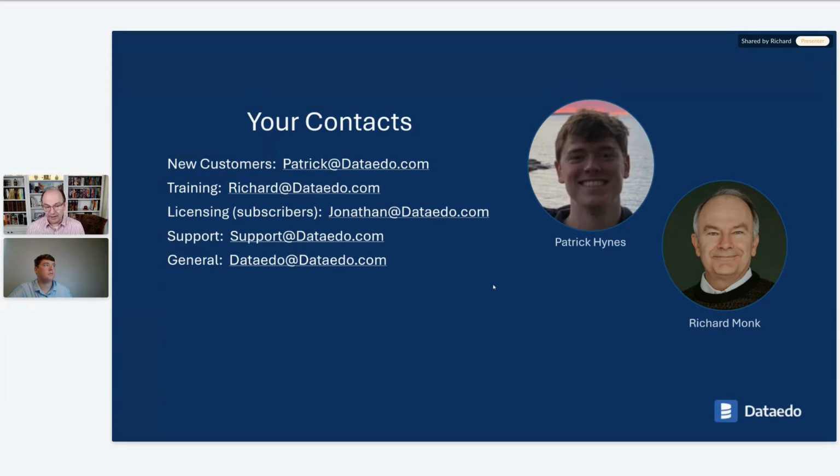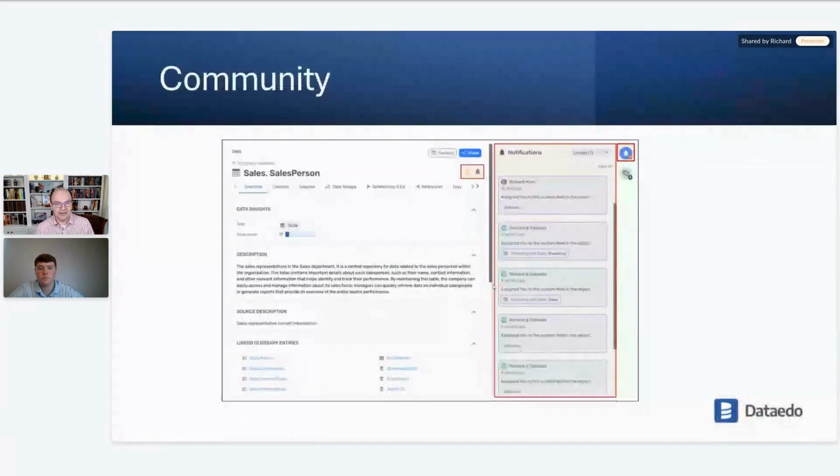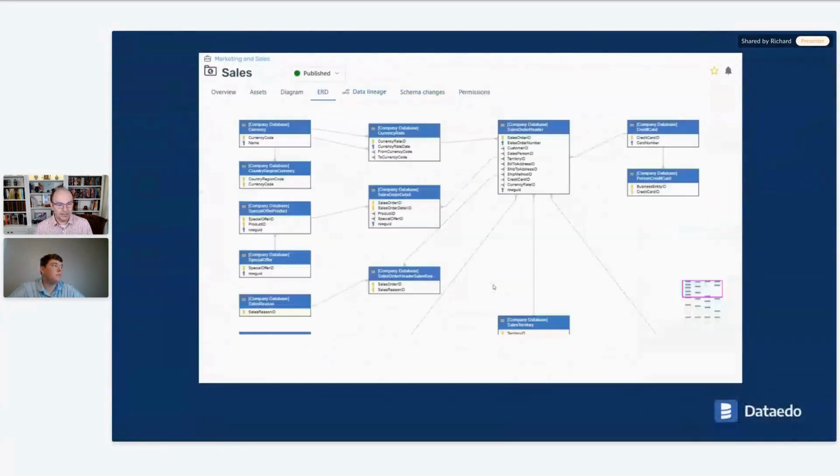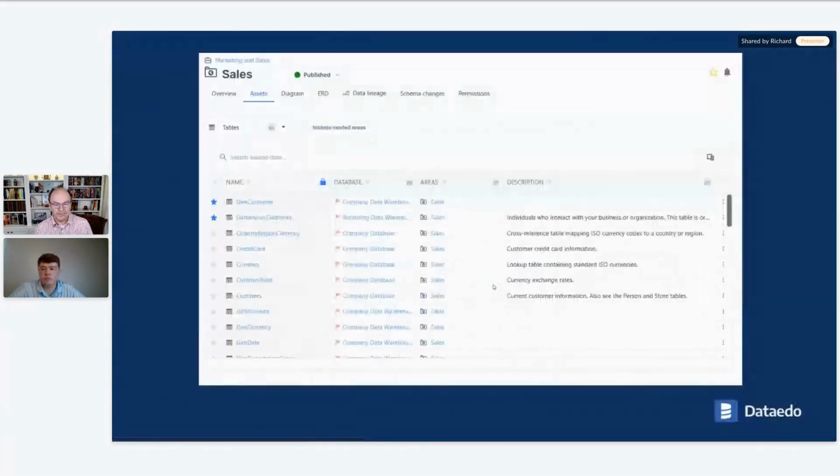One thing that does matter is if you have a domain, let's see if I can find an example here. Right here, notice for this sales subject area, I have linked tables within these data sources, within these connections.